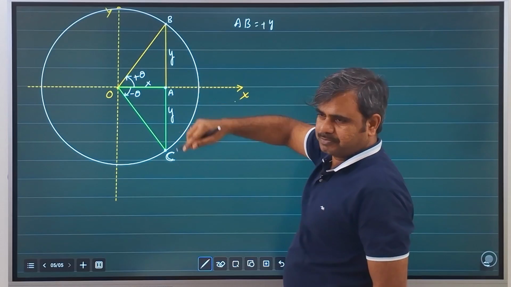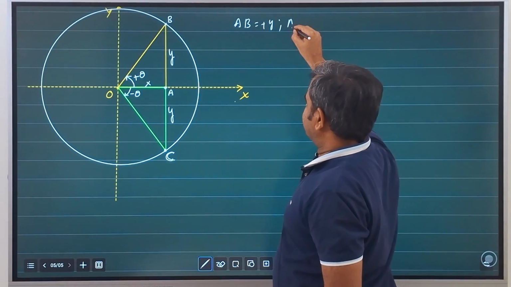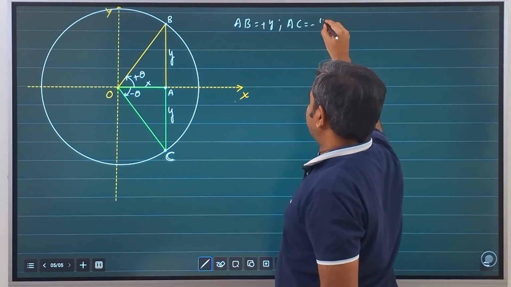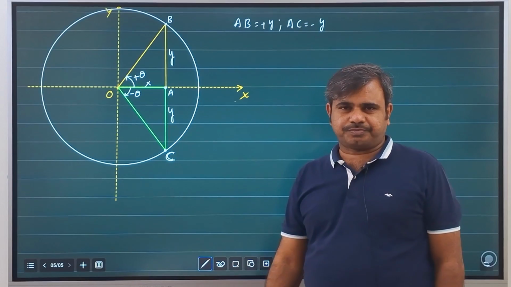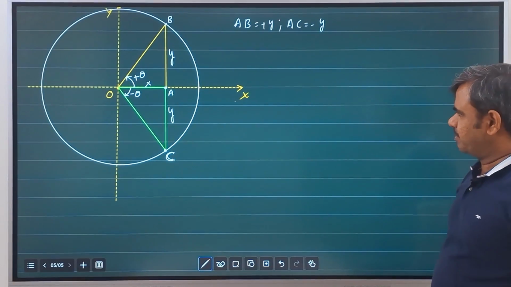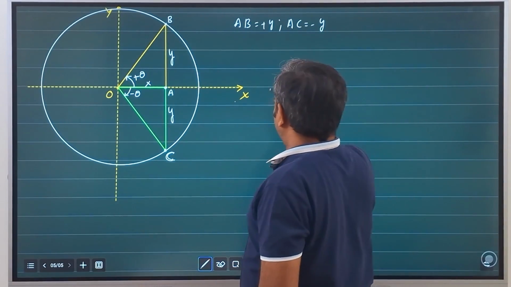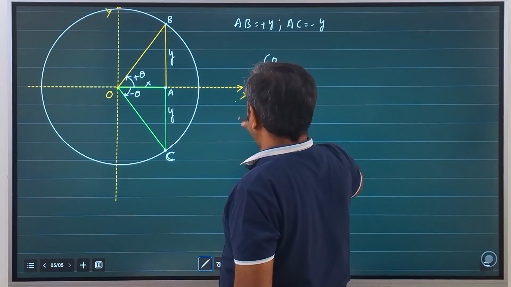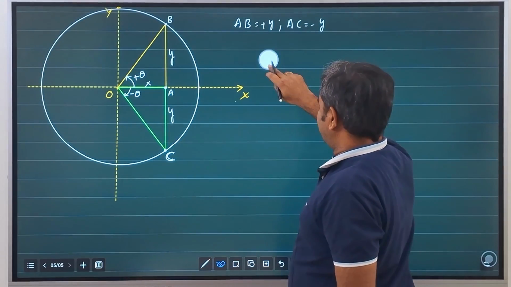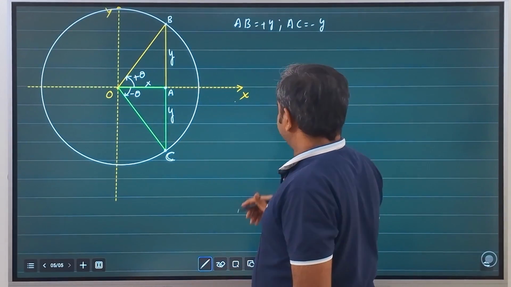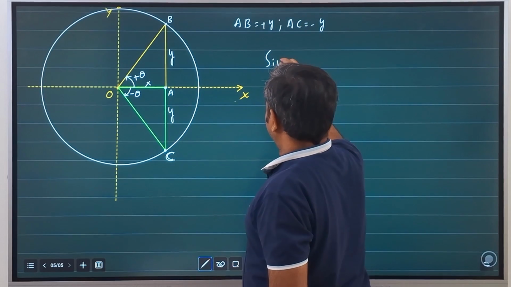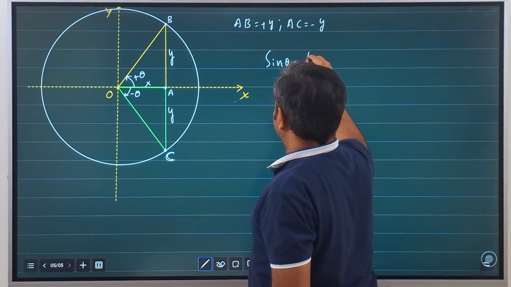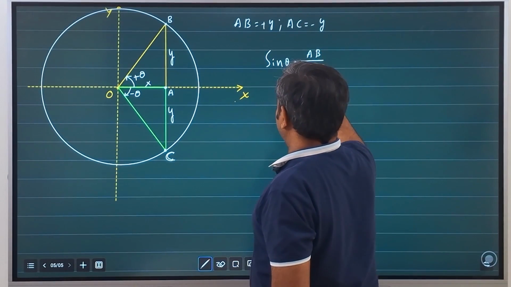Look at the figure. AC is equal to minus y. Okay. Now look at sine theta and sine minus theta. Sine theta is equal to AB by OB.